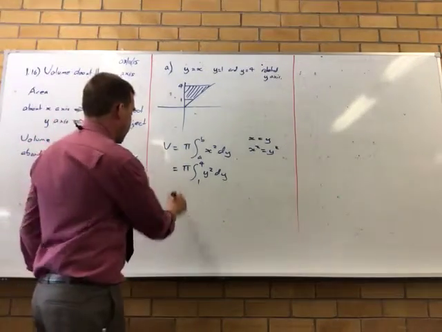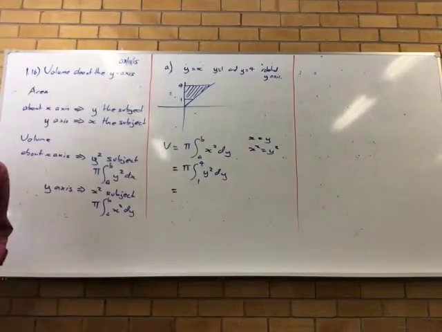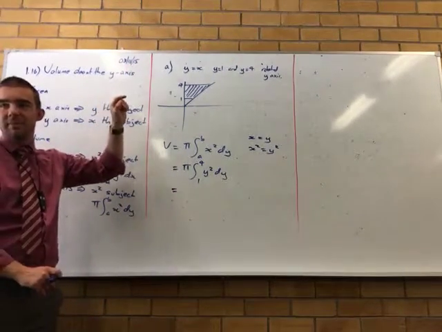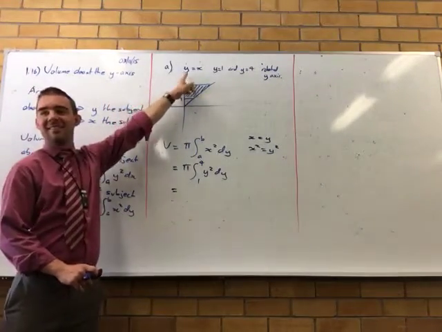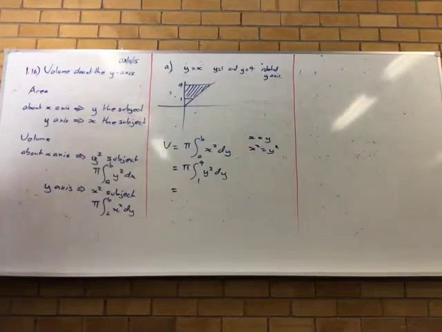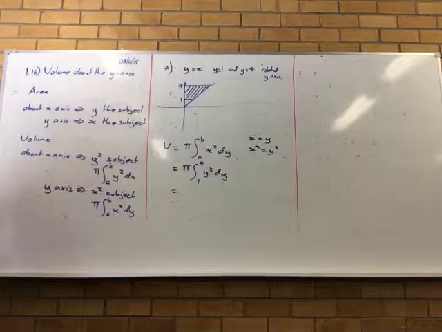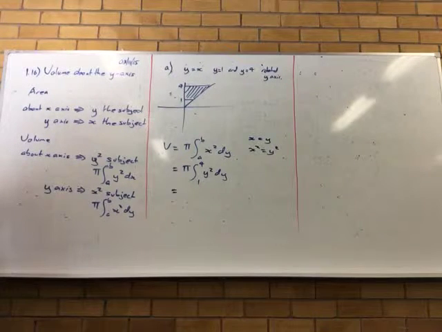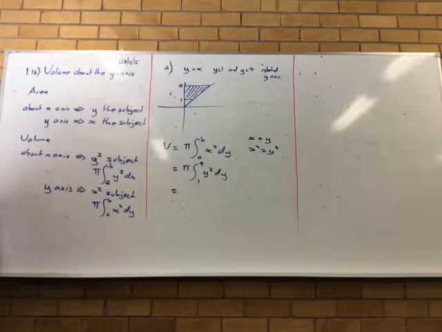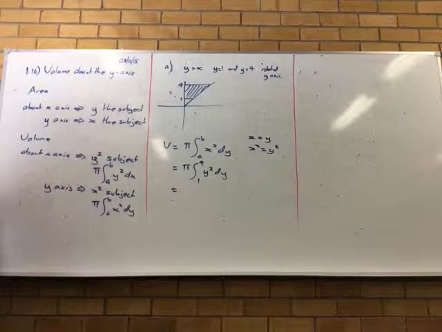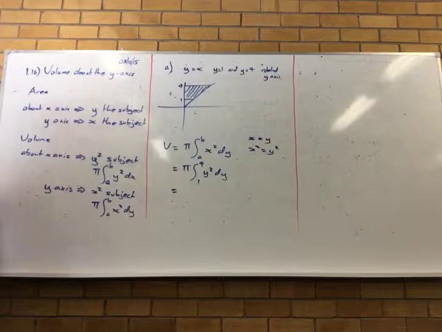Shouldn't it be x squared dy? Here x squared is y squared, so x is y, x squared is y squared. But we're rotated around the y-axis. Yeah, but because x equals y, we're still integrating with respect to y. I don't understand.